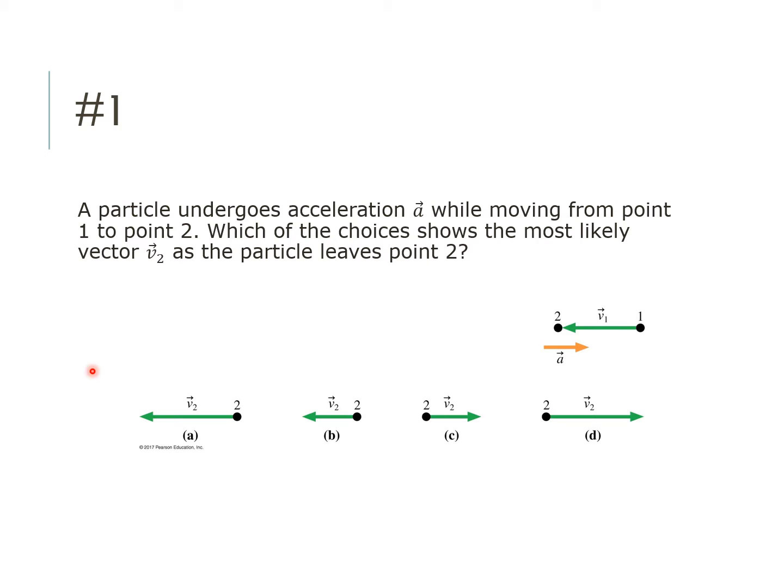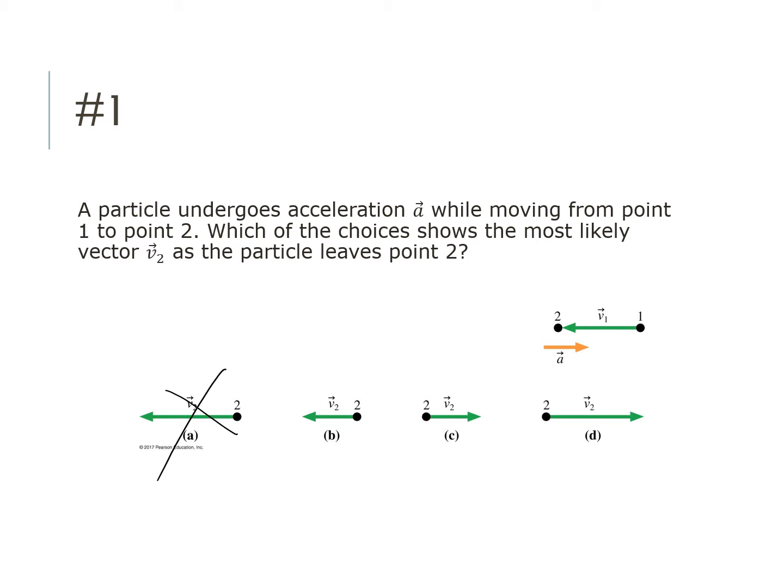So with that, we know that option A is not going to be it. It looks a little bit longer, and if you go through and roughly measure it, it does turn out to be a longer vector. If we look at the vector for the acceleration, it is shorter than the vector for the velocity between point 1 and 2.